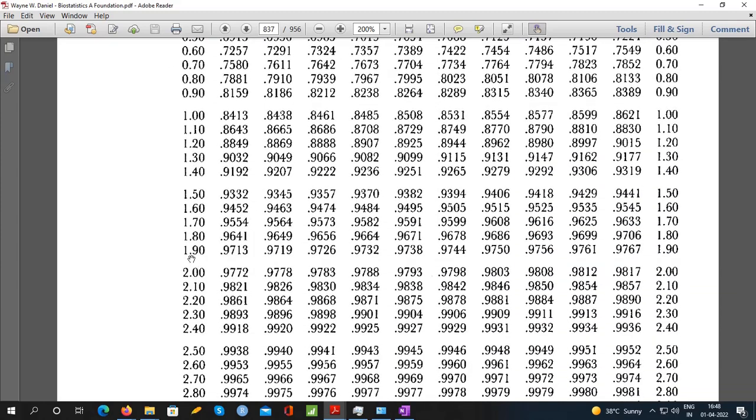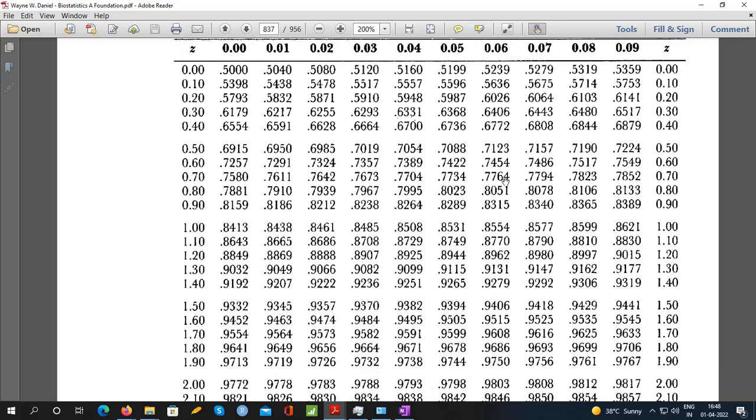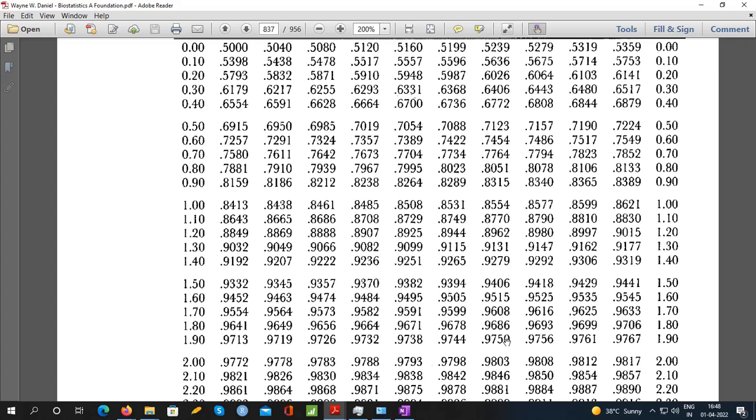Actually I do not have 96, you can see here I have 5, 6, 7, 0. So, I locate 1.90 and then I have 0, 1, 2, 3, 4, 5, 6. So 1.96 is the value corresponding to this. Can you see that value here? Let me highlight. Can you see the value here? 0.975.